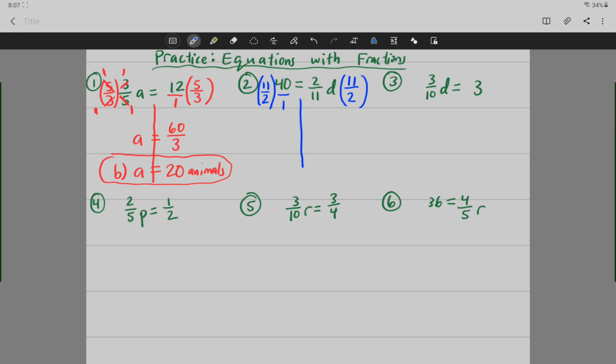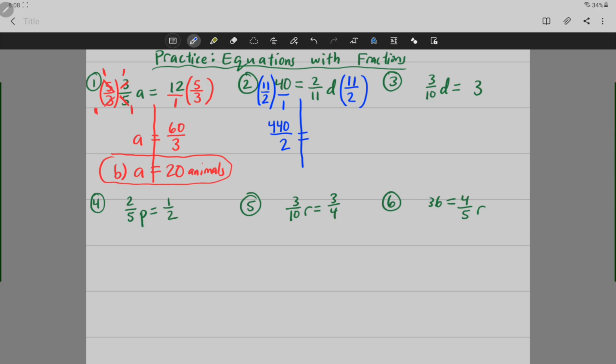Multiply my numerators, 11 times 40. Again, you can work it out, or if you have a calculator, feel free to use it, but 11 times 40 will give us 440. Denominators, 2 times 1 is 2. Let's bring down our equal sign.